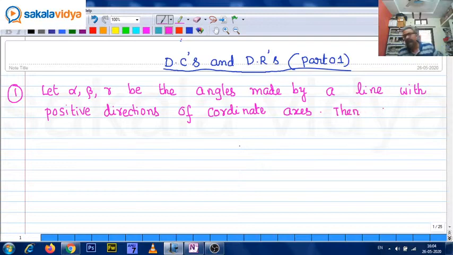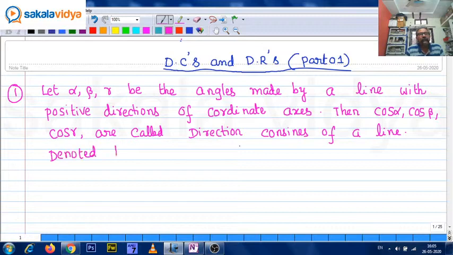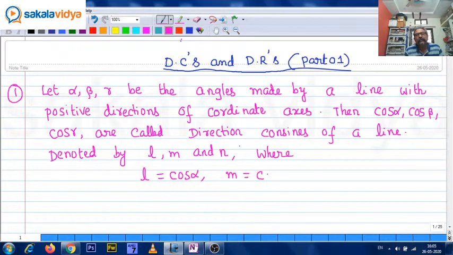Then the cosines of the angles alpha, beta, gamma, that means cos alpha, cos beta, cos gamma, are called direction cosines of a line, denoted by L, M and N, where L is equal to cos alpha, M is equal to cos beta, and N is equal to cos gamma.